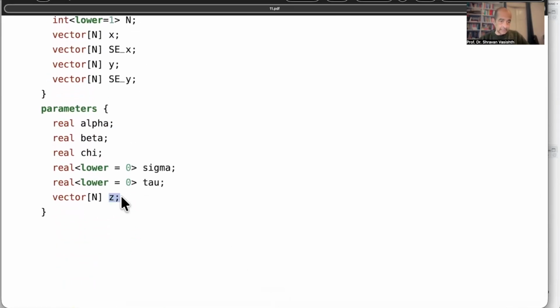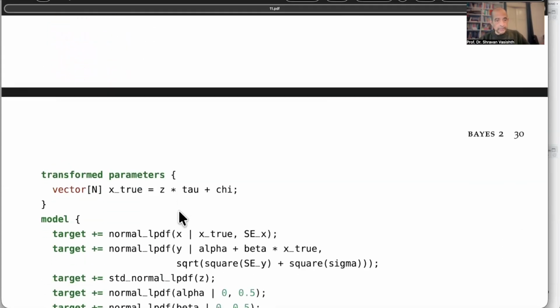Then we have the z values, which we'll use to leverage ourselves into getting the x true values. These will be derived from the z values in the transformed parameters block. This is just like in the meta-analysis where we had to do the non-centered parameterization. There's no difference here.